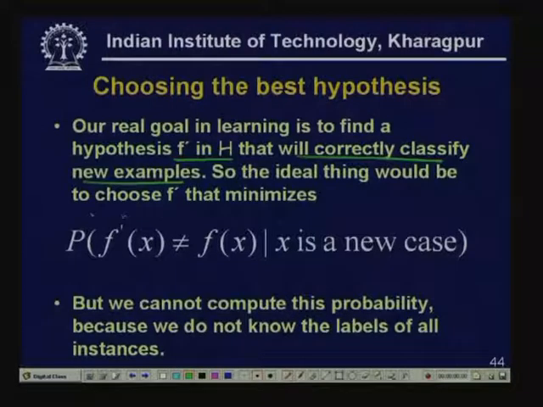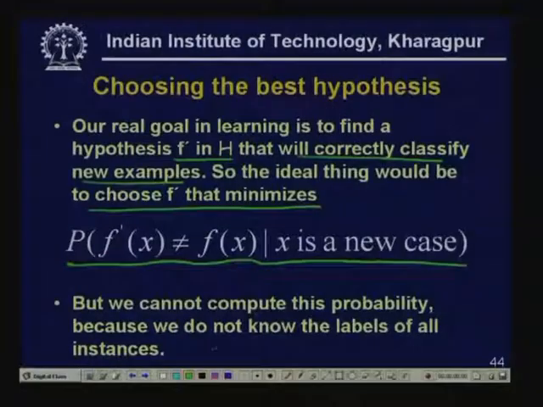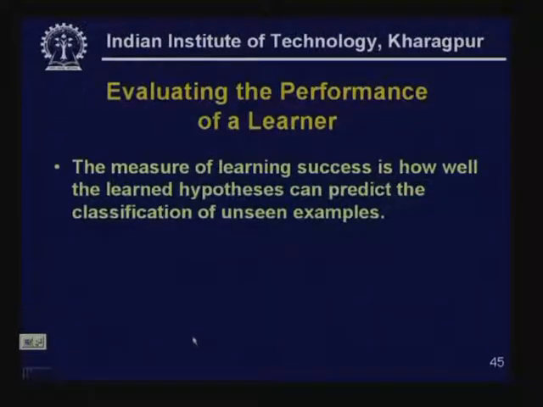The ideal thing would be to choose that f dash so that the probability that f dash x does not agree with f x is smallest. We want f dash to agree with f most of the time, but we cannot compute this probability because we do not know beforehand all the labels of all instances.